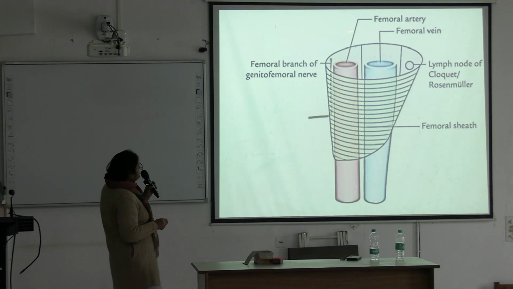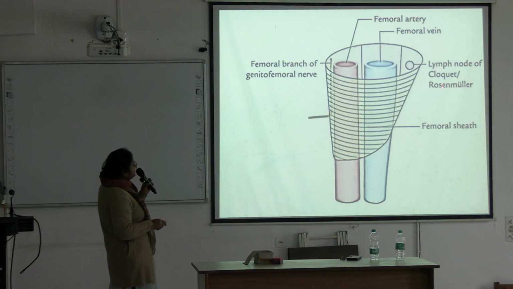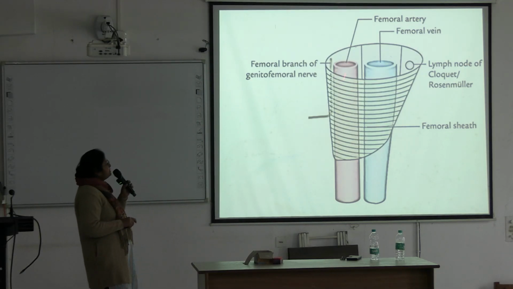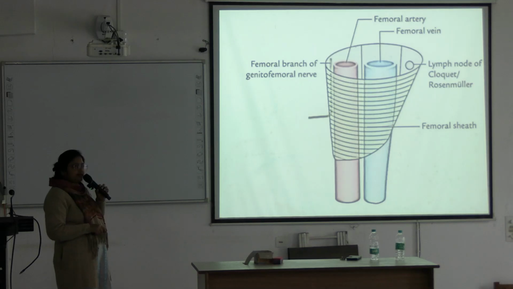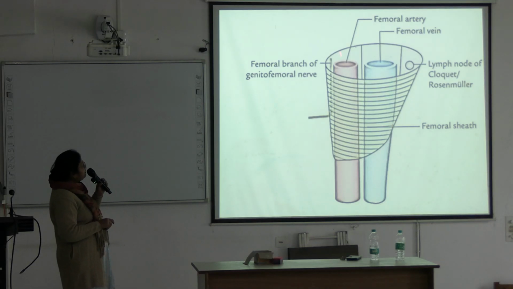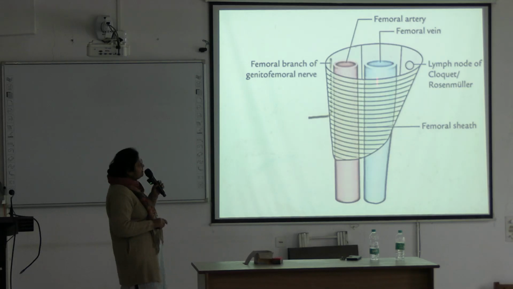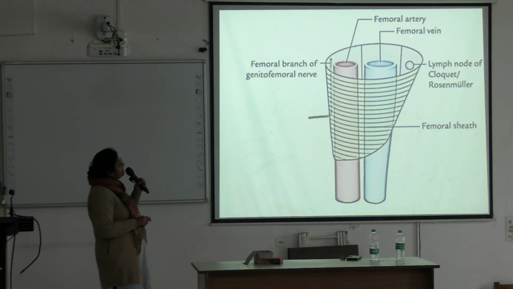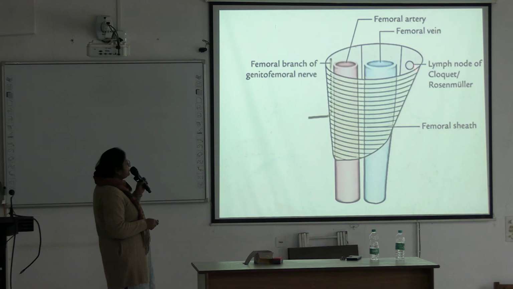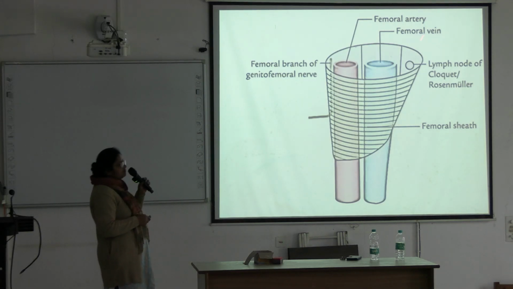See, it is divided into three compartments. The lateralmost compartment contains the femoral artery and femoral branch of the genitofemoral nerve. The intermediate compartment contains the femoral vein, and the medialmost compartment is the smallest. It is also known as the femoral canal, and its upper end is called the femoral ring. This femoral canal contains deep inguinal lymph nodes, also known as the lymph node of Cloquet or Rosenmuller.